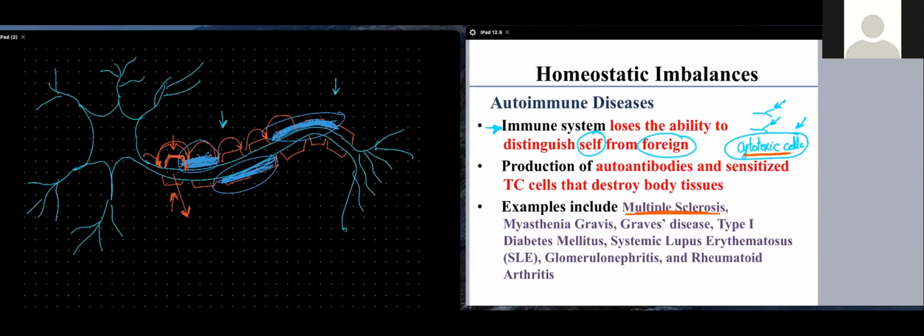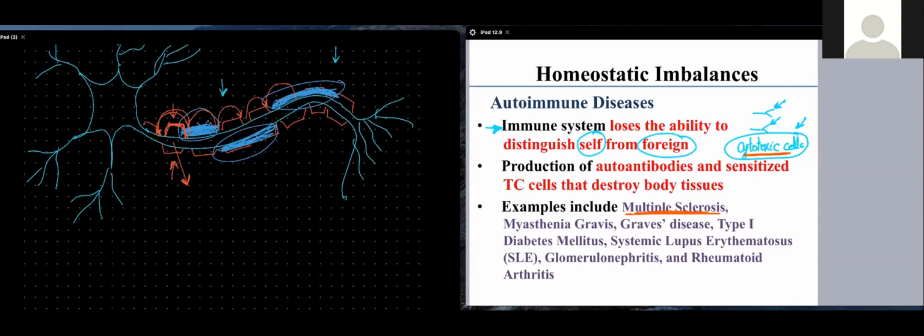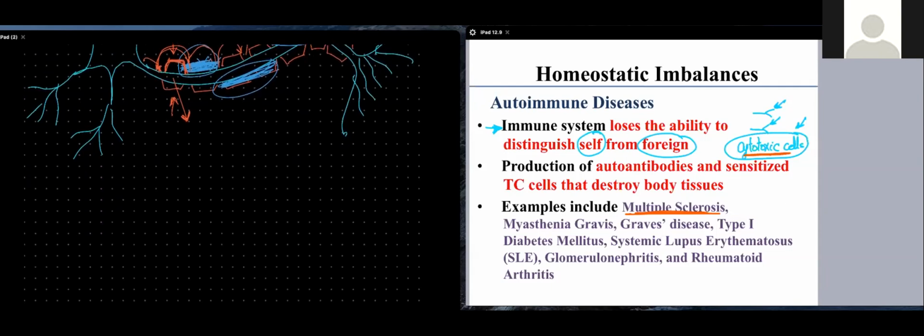So the condition of the patients will keep worsening. If it gets so bad, it might result in respiratory depression because of the paralysis of the respiratory muscles. So the patient can't breathe anymore.